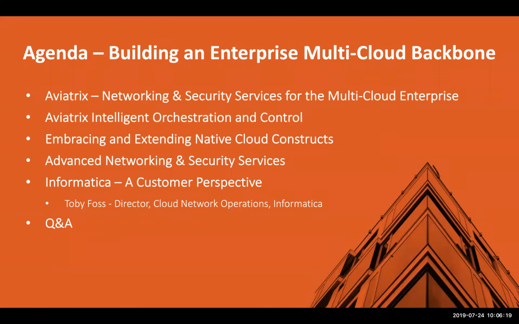We'll talk about embracing and extending native cloud constructs, which is an important piece of what we're doing, giving customers the flexibility to use any cloud, but through an abstraction layer that allows them to take advantage of both the existing constructs, but then extend those and add advanced features. And we'll talk about those advanced networking and security services.